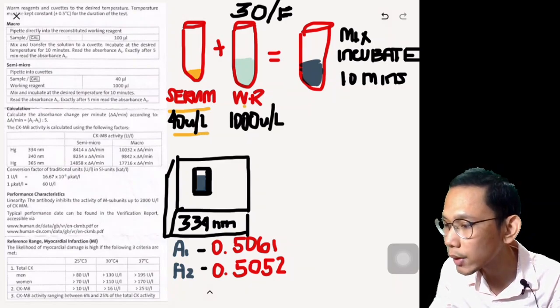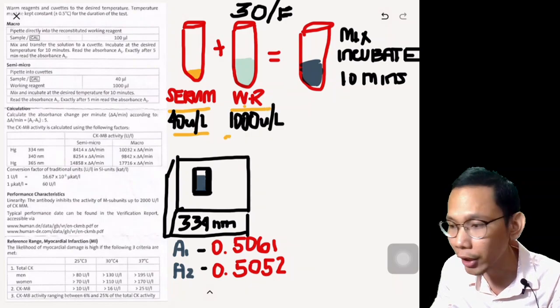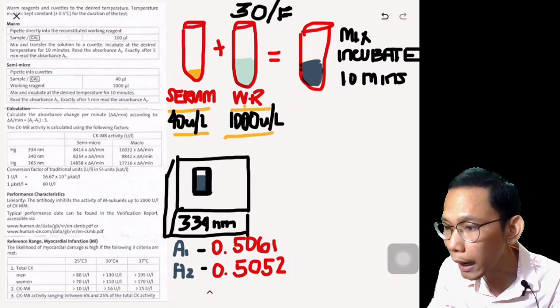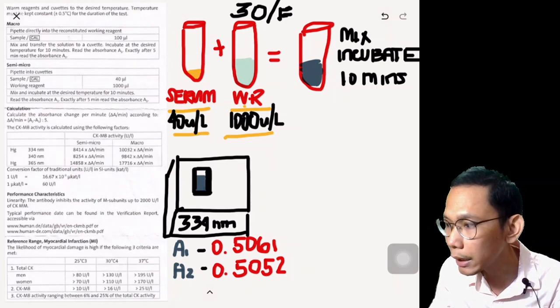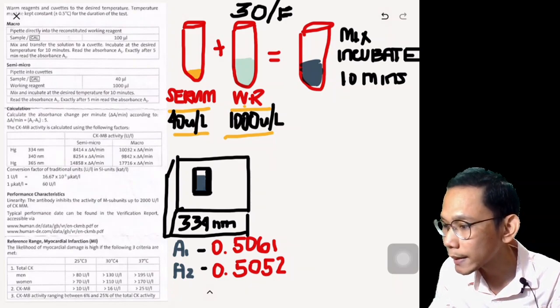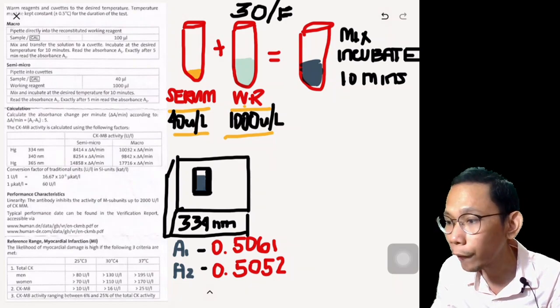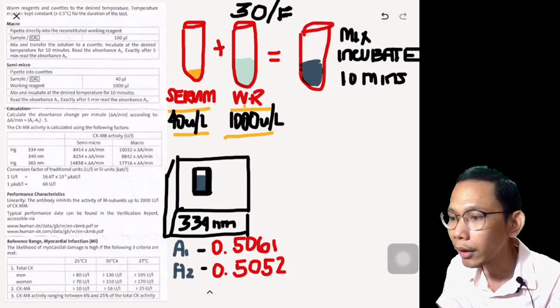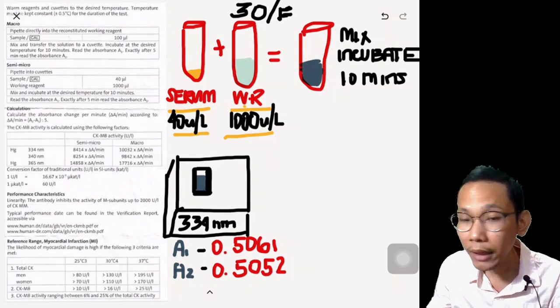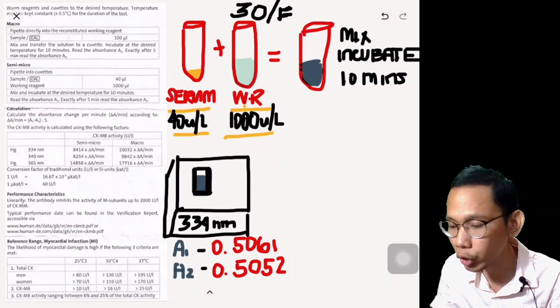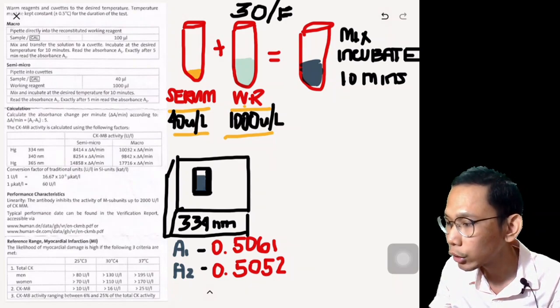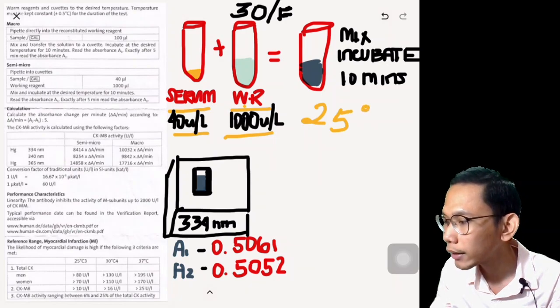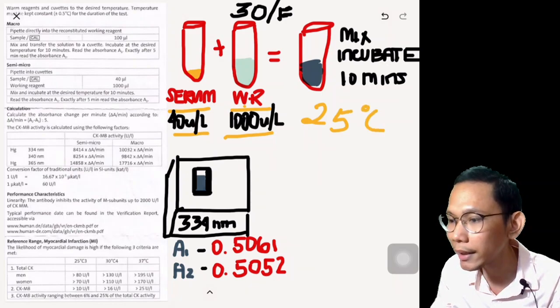Then we mix the 40 µL serum plus the 1,000 µL working reagent, and incubate for 10 minutes. The temperature we will use is room temperature, specifically 25 degrees Celsius. So, mix and incubate at room temperature for 10 minutes.